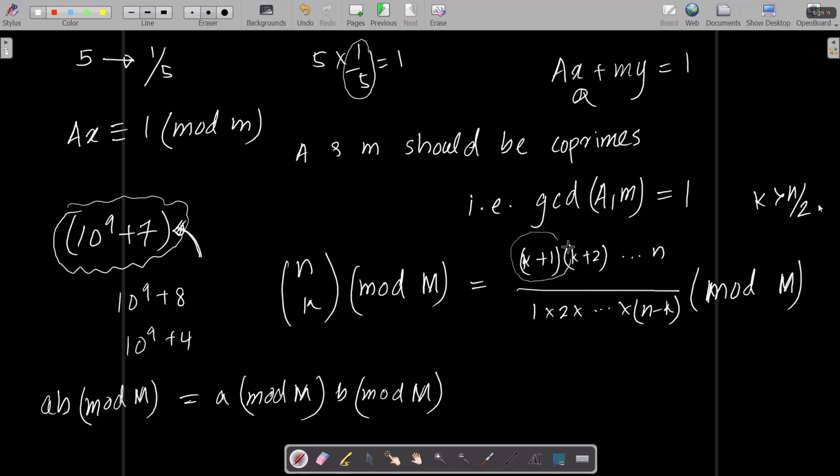Instead of simplifying this whole expression and taking the modulo, we are running a loop. We start from k plus 1 and go up to n. So we can keep two variables, numerator and denominator, and initialize them with 1.